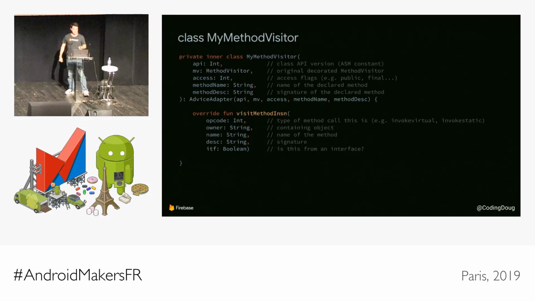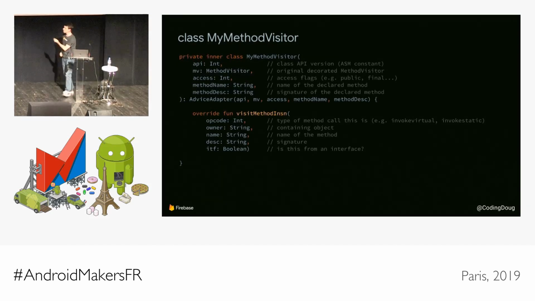So inside my method visitor, notice that this is subclassing a very special kind of method visitor called an advice adapter. On that fifth or sixth line down, there's an advice adapter. This advice adapter is provided by ASM, and it basically lets me put bytecode in and around other pieces of bytecode. So this is kind of a convenience layer for doing bytecode manipulation.